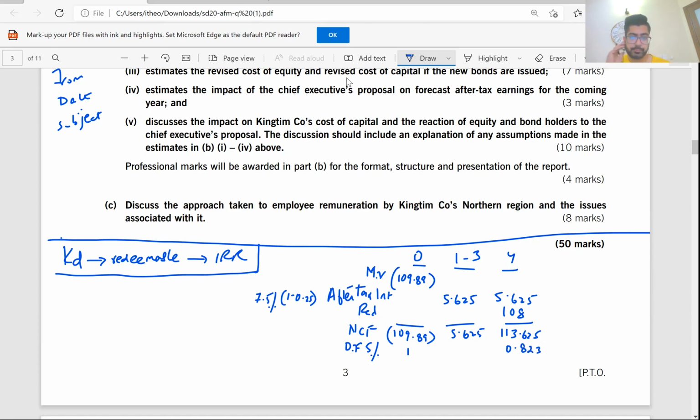And the annuity factor of the first 3 years, you can see it from the table as well, 2.72. Multiplying these net cash flows by the discount factor gives you the present value.